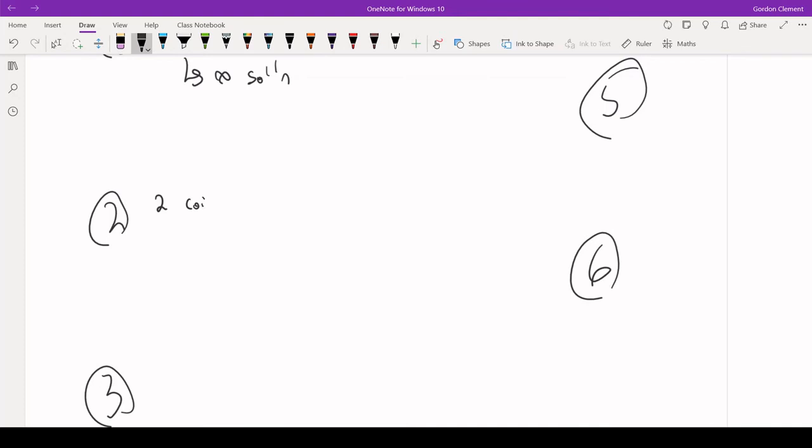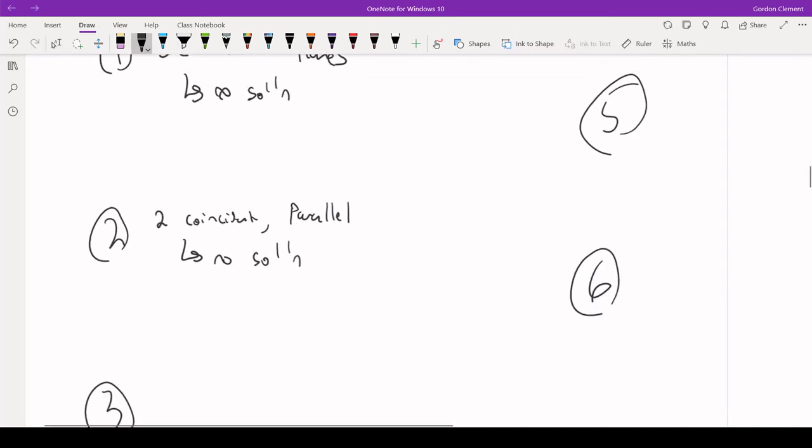I could give you 2 coincident planes and leave the other one as a parallel to those 2. So 2 of the equations are exactly the same. One is the same ABC or scalar multiples on the ABC, but D is not a scalar multiple. As soon as you have that one plane that's not touching the other 2, there's going to be no solutions. So, yeah, there we go.